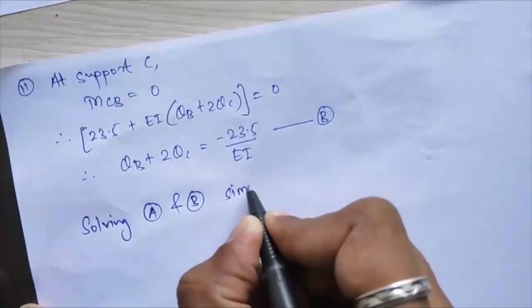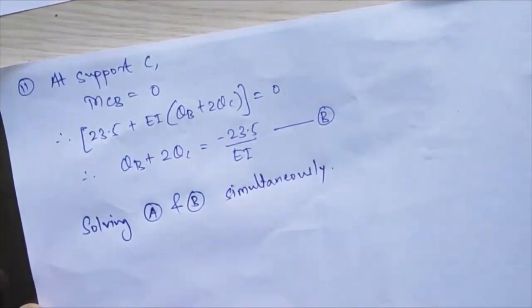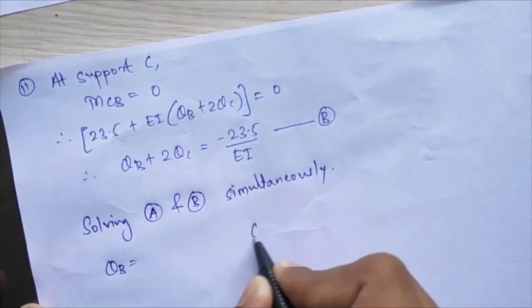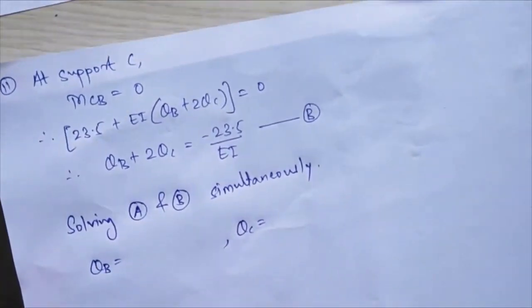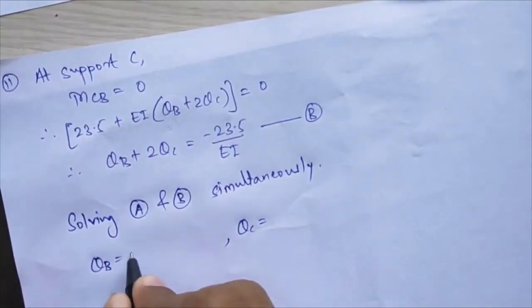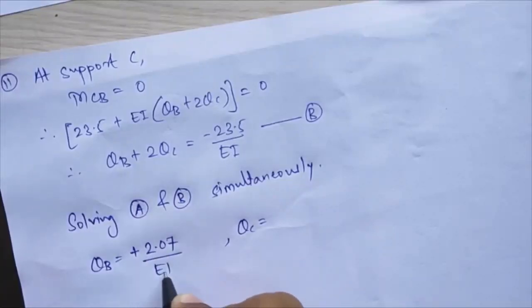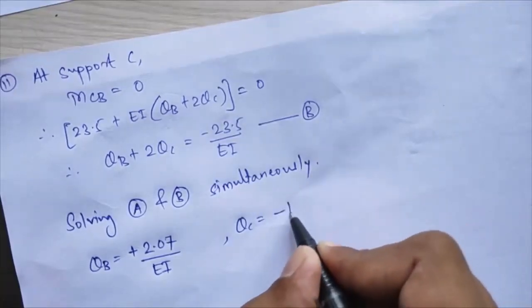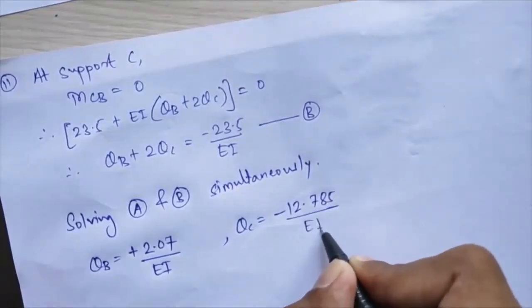We'll solve equations A and B in your scientific calculator. If you solve that, you'll get the values of theta b and theta c. Check, I have got the value of theta b as plus 2.07 divided by EI, and the value of theta c as minus 12.785 divided by EI.